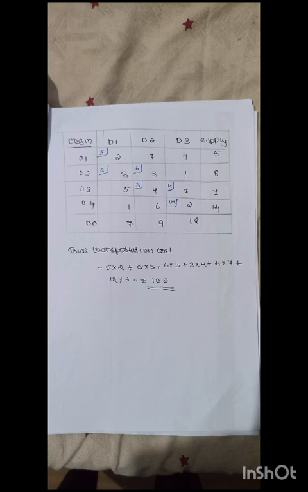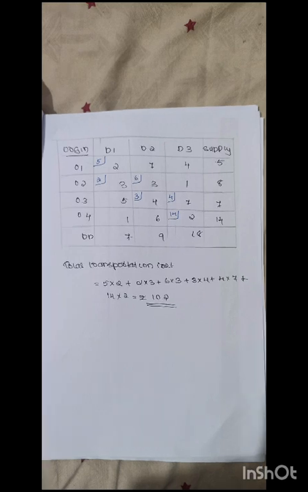So here, in D1 we allocate 5 in allocated cell 2, and we allocate 2 in allocated cell 3, and in D2 we allocate 6 in allocated cell 3, and we allocate 3 in allocated cell 4, and in D3 we allocate 4 in allocated cell 7, and we allocate 14 in allocated cell 2.